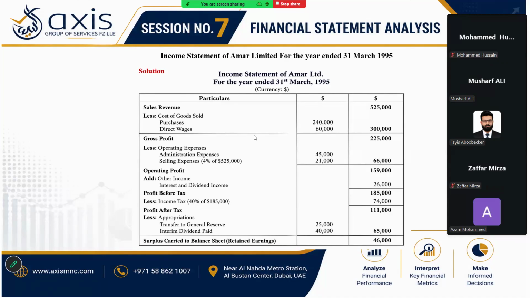So you get an operating profit. Then add other incomes, then add interest and dividend income. Then you will get the profit before tax. Then deduct tax to get profit after tax. Then the appropriation: transfer to general reserve, and the interim dividend you need to pay.